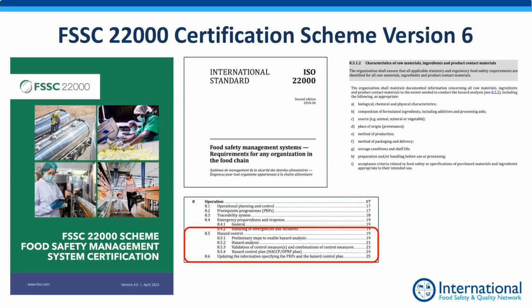The organisation shall maintain documentation concerning all materials, ingredients, and product contact materials to the extent needed to conduct the hazard analysis, including, as appropriate, biological, chemical, and physical characteristics, composition of formulated ingredients, including additives and processing aids, source, place of origin, method of production, method of packaging and delivery, storage conditions and shelf life, preparation and handling before use or processing, acceptance criteria related to food safety, and all specifications of purchased materials and ingredients appropriate to their intended use.